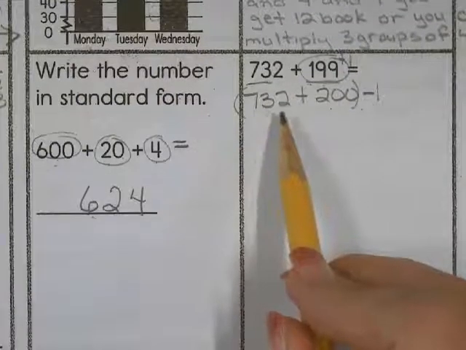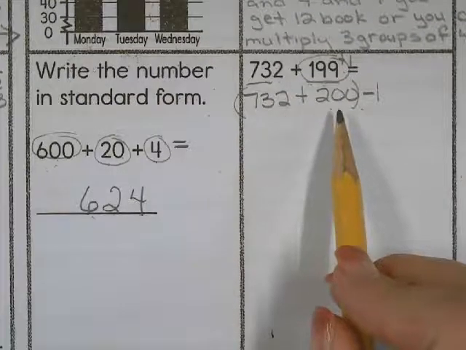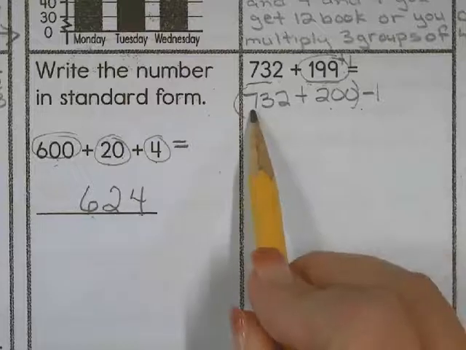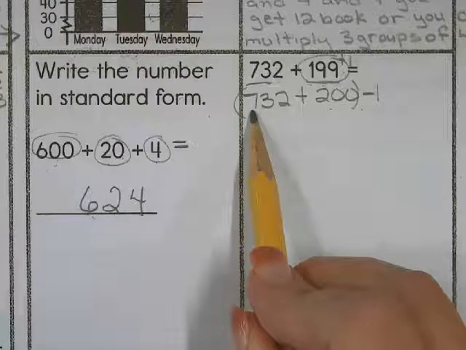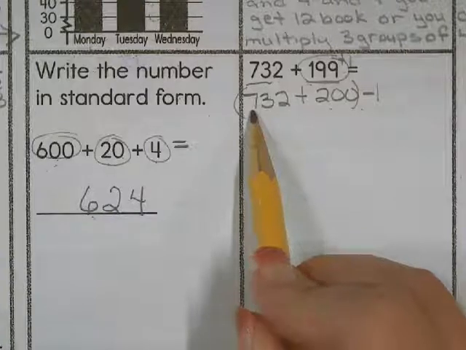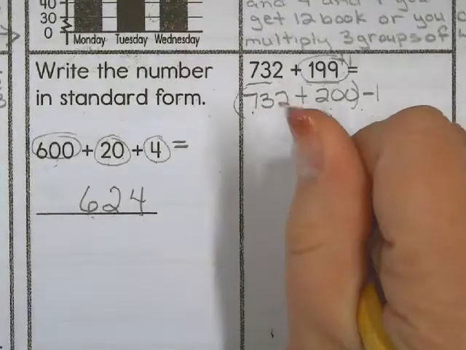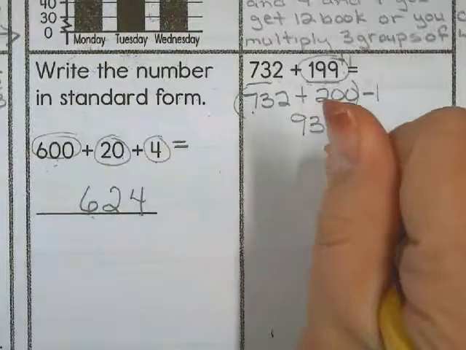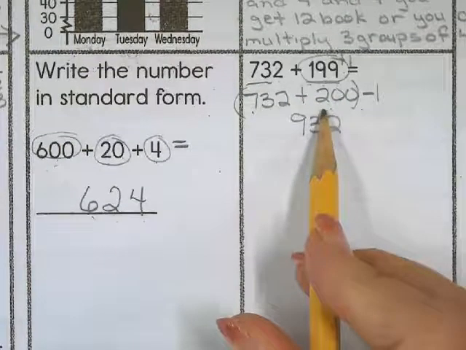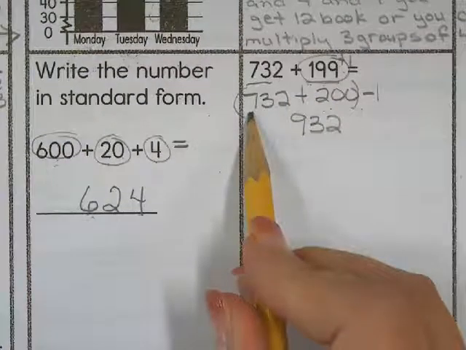So if we go ahead and add the 732 plus 200, we add 2 more hundreds to 700, so we have 832 and 932. So 932 is what we get when we add 2 more hundreds to the 100.